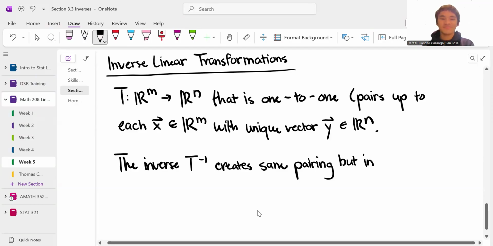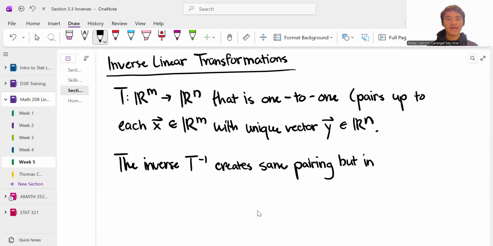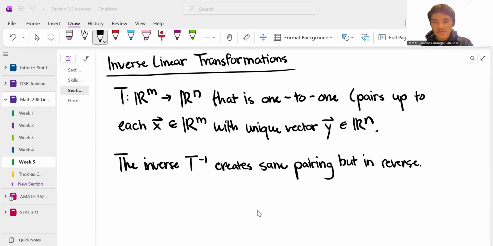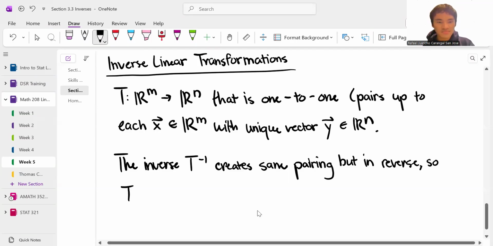So what this means is it pairs up each y in Rn with a unique vector x in Rm. So it's just the reverse. Okay. So mathematically, the inverse of this y vector is the x vector.